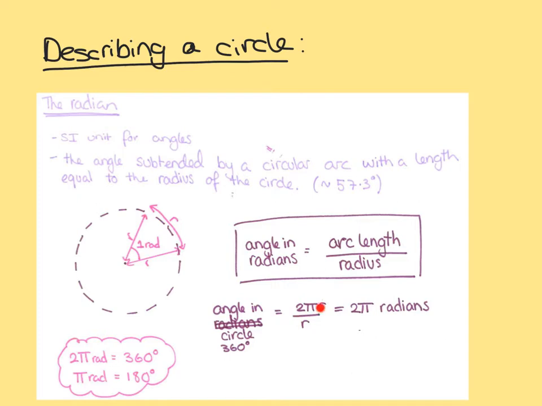So if we do 2πr divided by the radius r, then we get 2π radians in a whole circle. So 360 degrees is equal to 2π radians, and 180 degrees is equal to π radians.